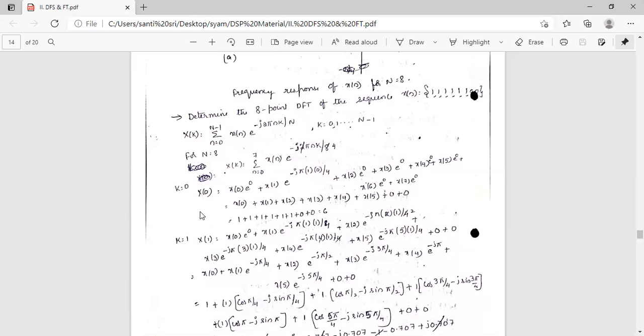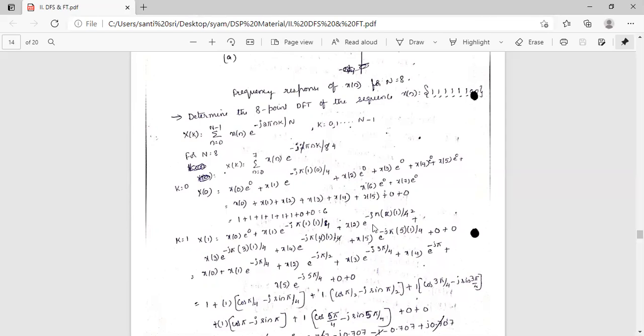Similarly, if k equal to 1, then X of 1 becomes x of 0 into e power 0 plus x of 1 into e power minus j pi by 4, where n is 1 and k is 1.